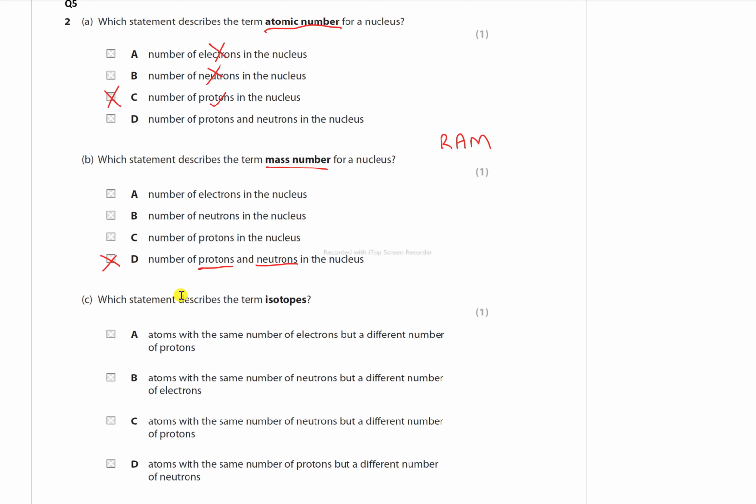Okay. Which statement describes the term isotopes? Isotopes are atoms that have the same number of protons. This is coming from chemistry, but a different number of neutrons.